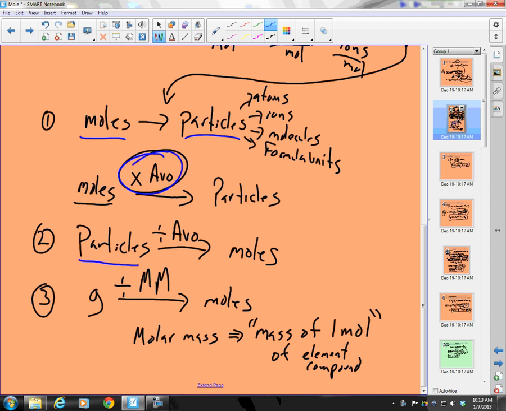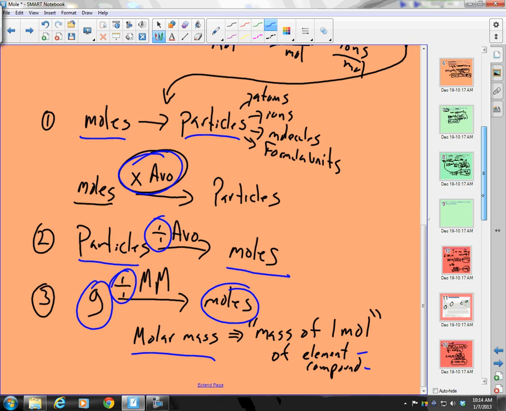I can go from particles to moles by dividing by Avogadro's number. I can go from grams to moles by dividing by molar mass. And we've calculated molar mass. Molar mass is the mass of one mole, and that can be for an element or a compound. And that's about where we are.